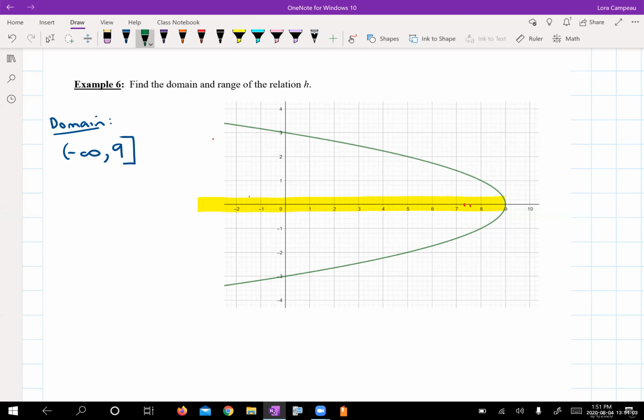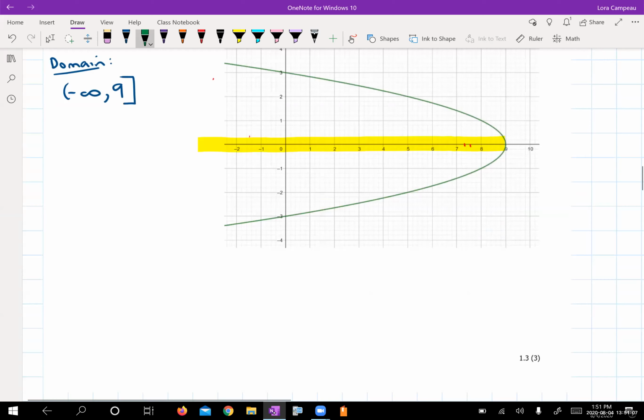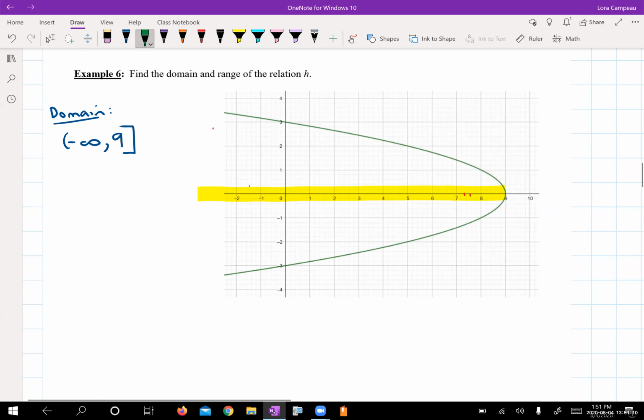Okay, now we're going to look at range one more time. And I'll label it so that we know what we're going with. Remember, with the range, we are looking at what axis? The y-axis. So I'm going to kind of remind myself to look there.